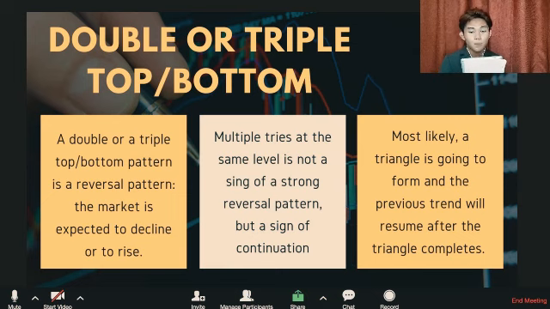The fact that the market is hesitating at a specific level is indicating a possible reversal to form. However, multiple tries at the same level is not a sign of a strong reversal pattern, but a sign of continuation. Most likely, a triangle is going to form, and the previous trend will resume after the triangle completes.